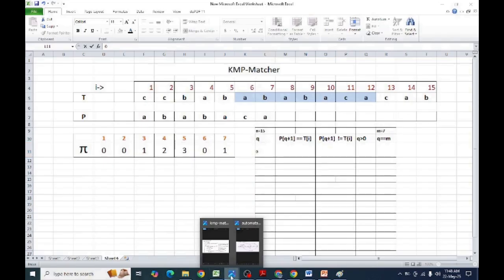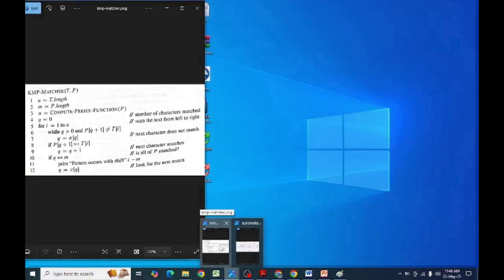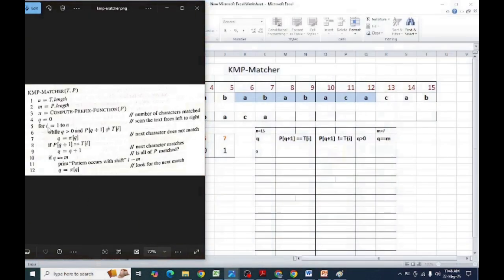Then for i equal to 1 to n, we are inside this for loop: while q greater than 0 and p of q plus 1 not equal to t of i, if this condition succeeds, q is equal to pi of q, that is q will be updated.